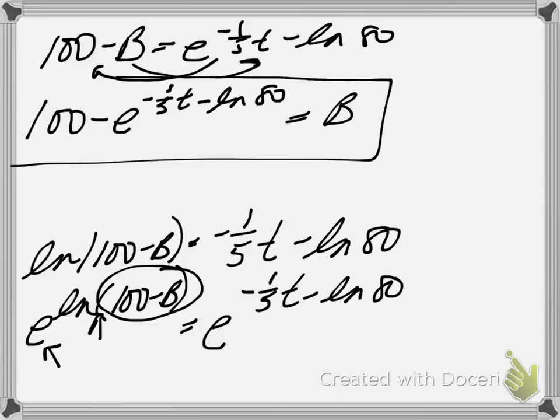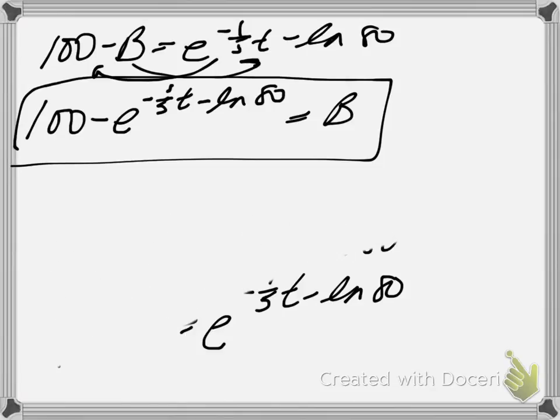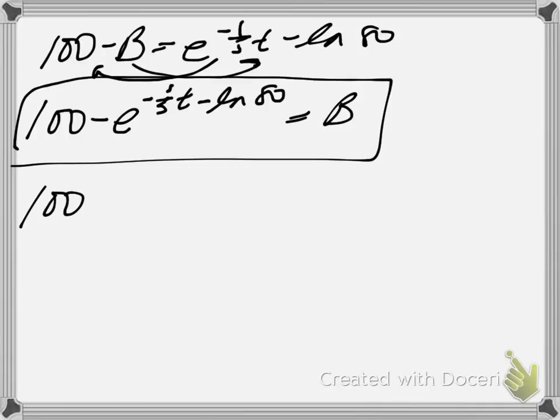So that is officially your answer, except if you're someone like Gordon, who likes to simplify till the very end, which is perfectly fine. You could rewrite it like this. Okay, I'm not sure how this all of a sudden became negative. This was supposed to be positive.